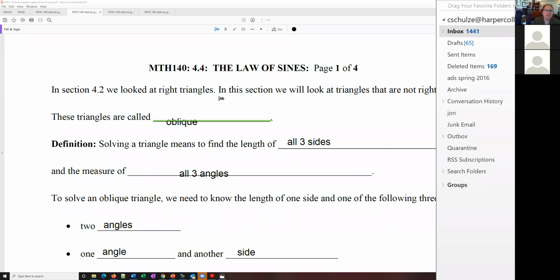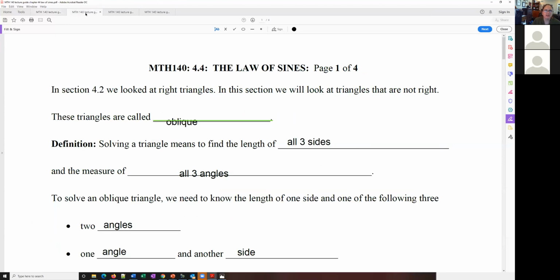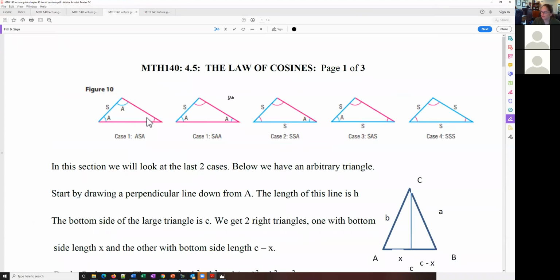Okay, so yesterday we went over section 4.2, which was solving right triangles. And then we looked at section 4.4, the law of sines. And so I thought today we would get going on section 4.5, the law of cosines.